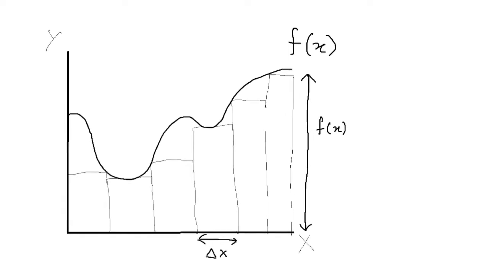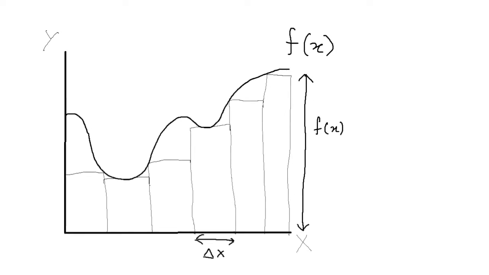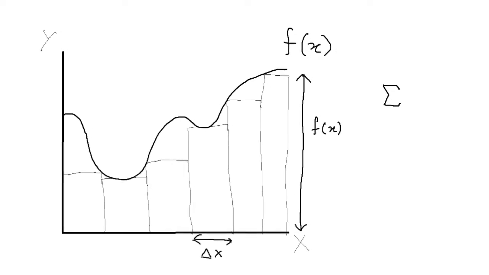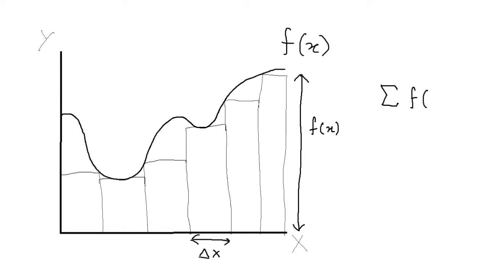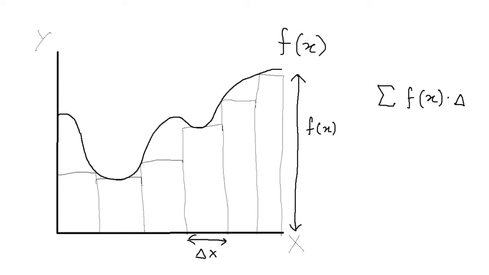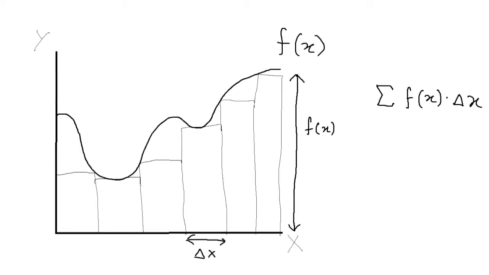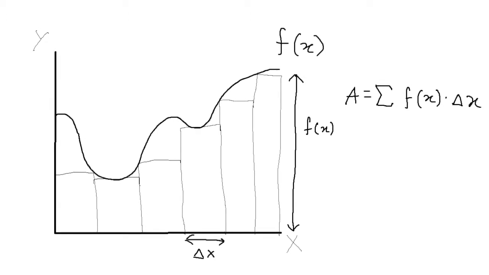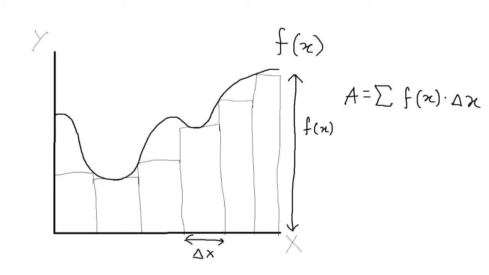To get the total area under the curve, you would just add them all up. So the summation of f of x times delta x. And that is how you would get an approximation of the area under this curve.